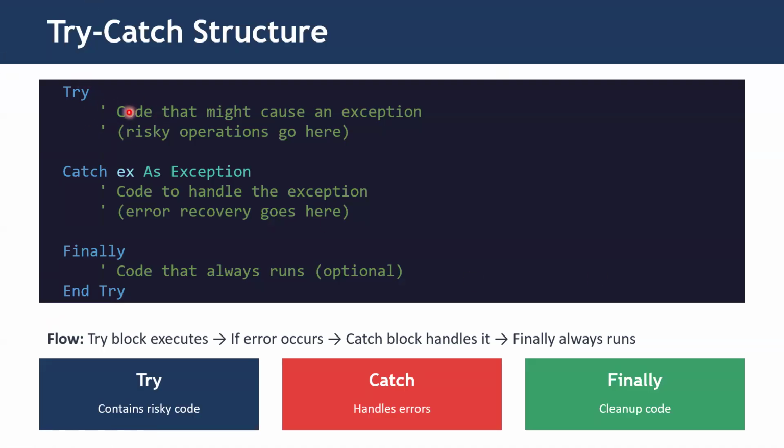Then if something happens to it, you write the code of what it should do in the catch. The finally is for when it goes right or it goes wrong, this code should run regardless.